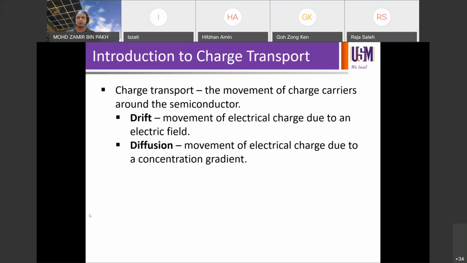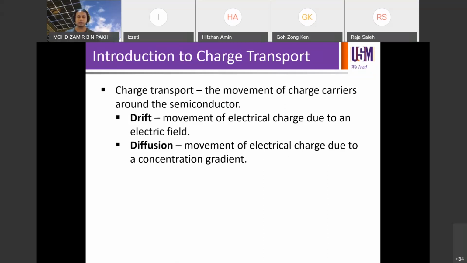When we talk about charge transport, it refers to the movement of charge carriers around the semiconductor. So how do the carriers move in our semiconductor material? Drift is the first one. Drift is the movement of electrical charges due to the presence of an electric field.